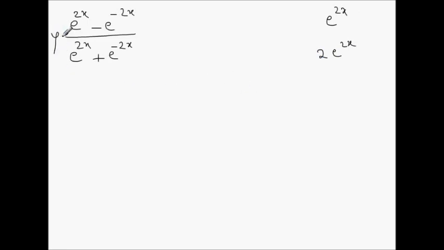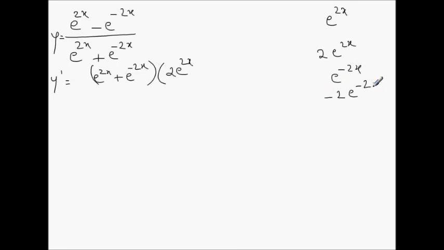So if this is y, the derivative would be, this is quotient rule, denominator times the derivative of the numerator, which is 2e power 2x. E power minus 2x would be minus 2e power minus 2x. So in this case e to the power of minus 2x would be plus 2e to the power of minus 2x.